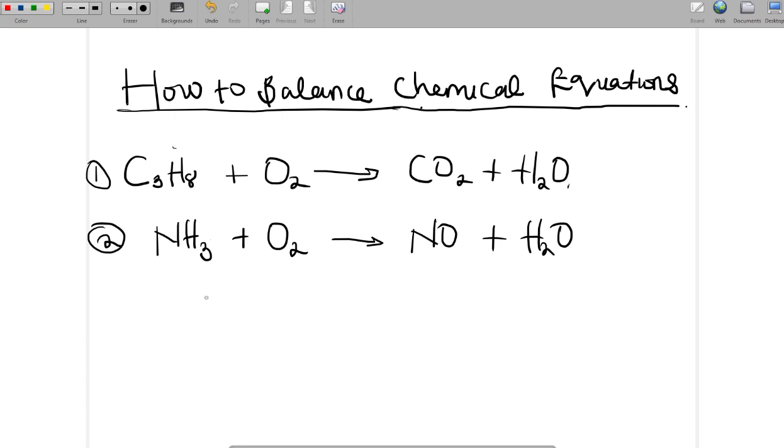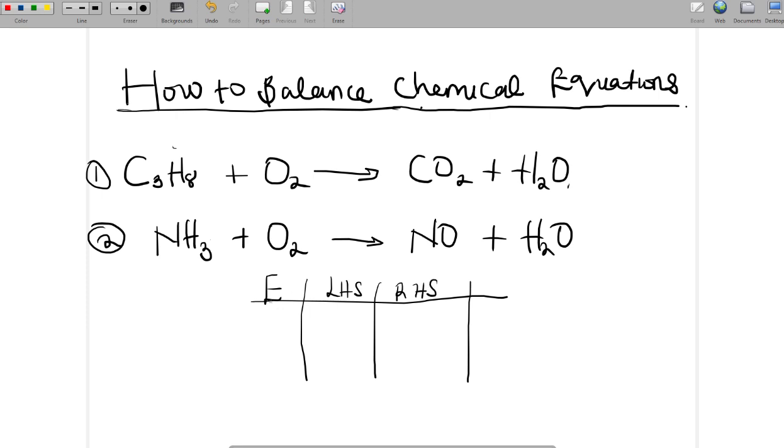Well, I'm going to draw a small table for our first reaction. This E represents our elements. Here I'm going to list all the elements that are involved in the reaction. Here we have our left-hand side, while we have our right-hand side.